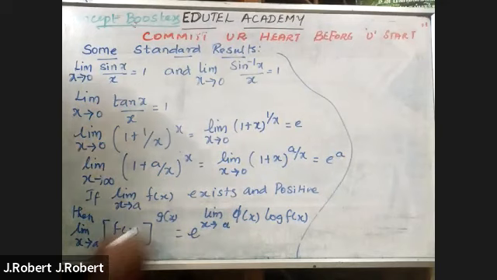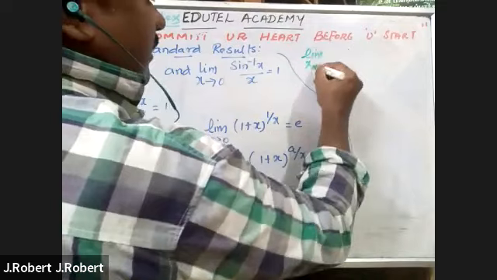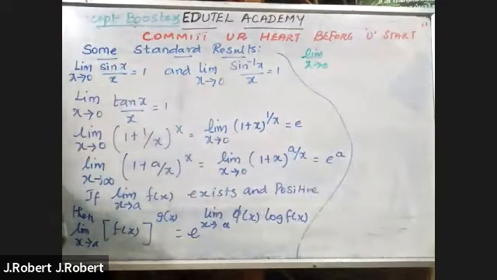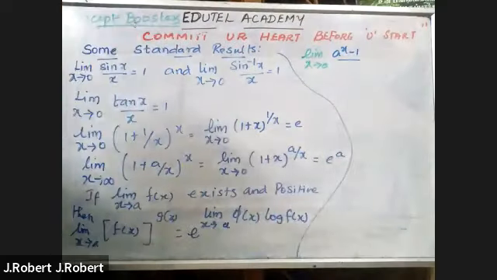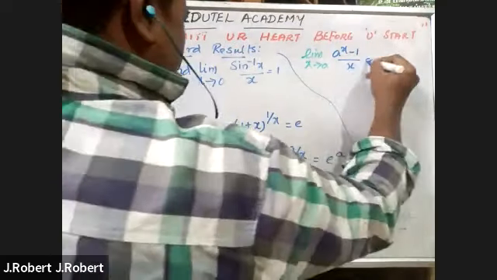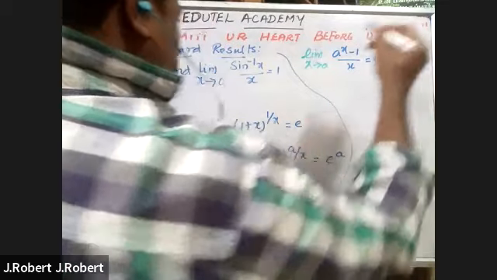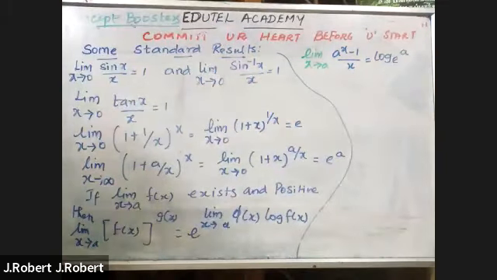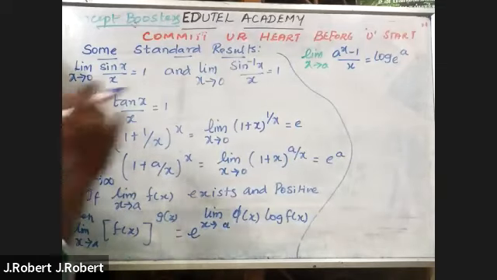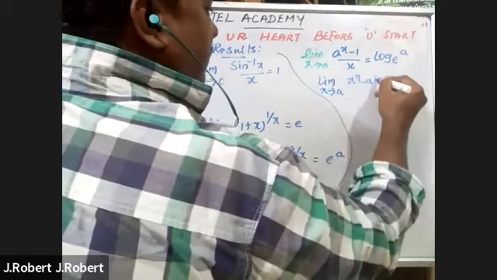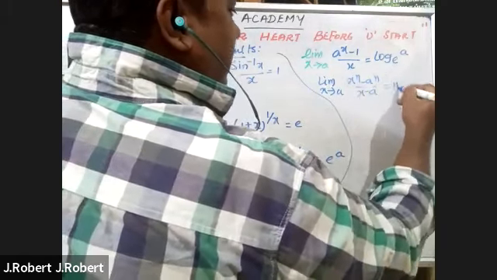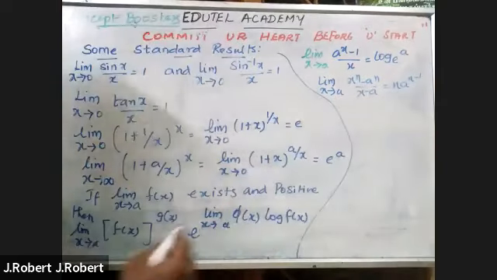The next one, limit x tends to a. We can often use this. Limit x tends to 0, a power x minus 1 divided by x is equal to log base e of a. Next one, limit x tends to a, x power n minus a power n by x minus a is equal to n into a power n minus 1.